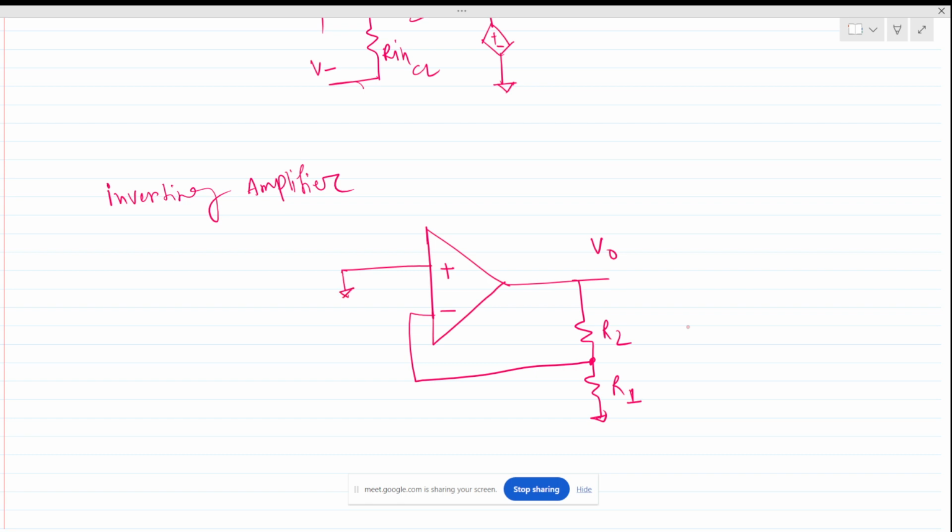Where should we give the input? At the inverting terminal. This is V in, right?